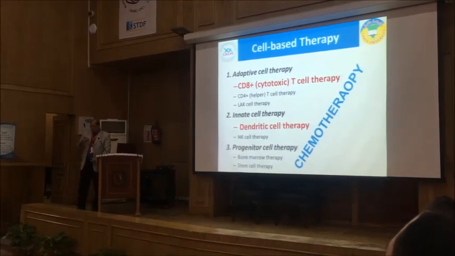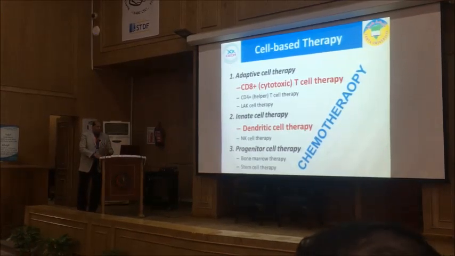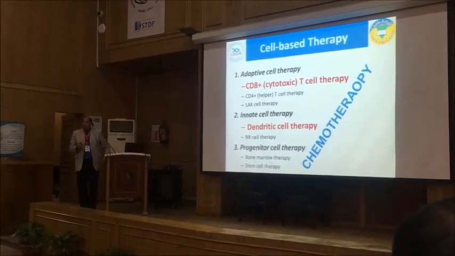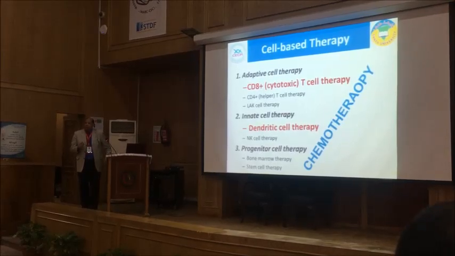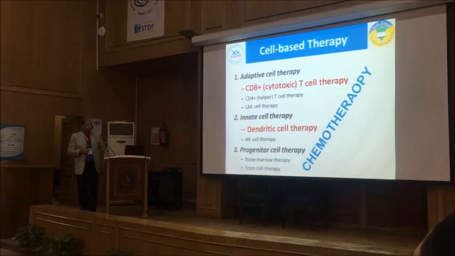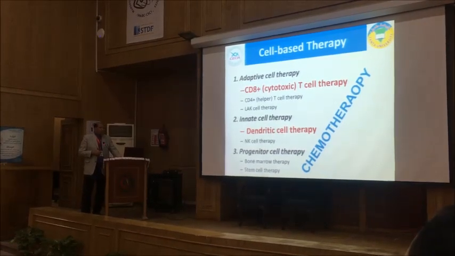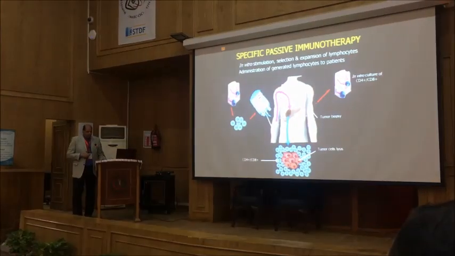We found, based on our studies, that cell-based therapy doesn't work perfectly unless you precondition the host with chemotherapy before adaptive T cell therapy. That's why the combination is very important.